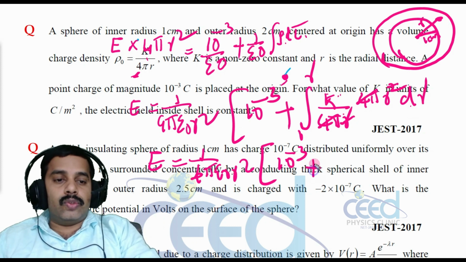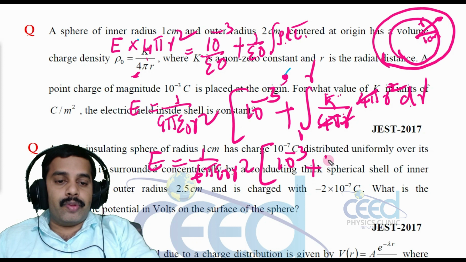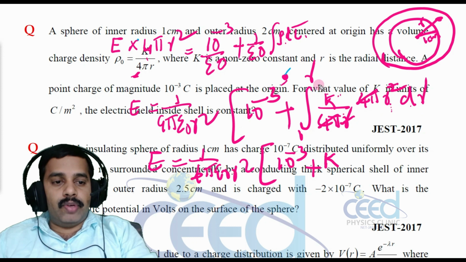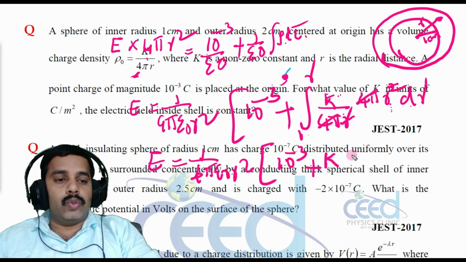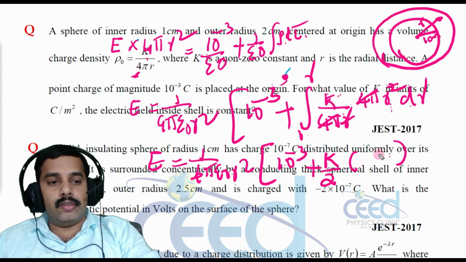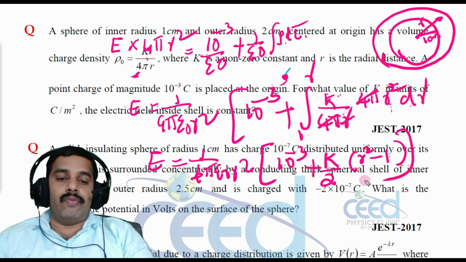So k into r dr, that is r square by 2. When I give limit 1 to r, k by 2 into r square minus 1. Upper limit is r. Alright, so this is the electric field.